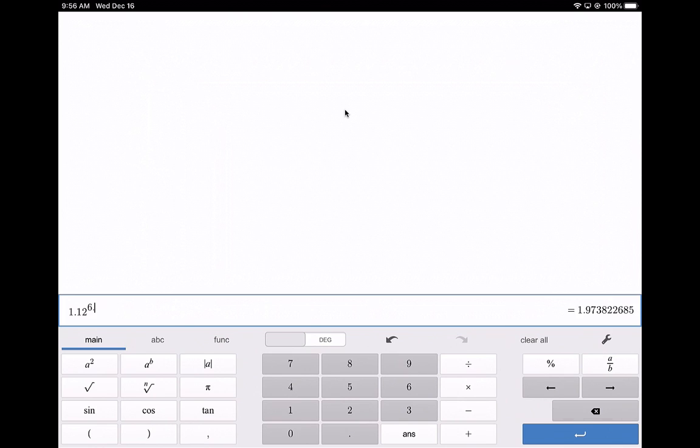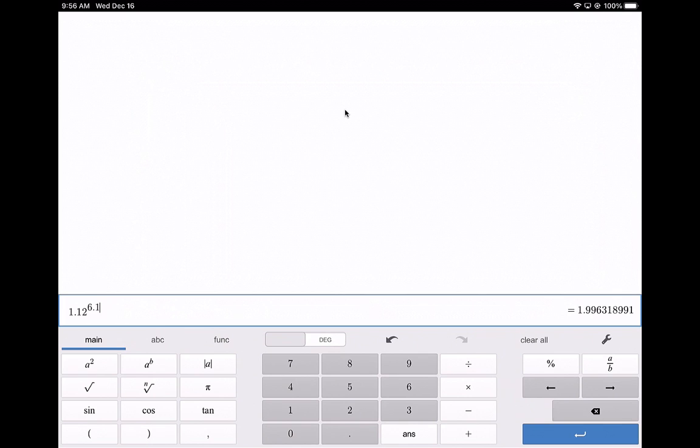And I want 0.002, so how about... So it's 6.1 something. I mean, this is pretty close. I'll just say 6.19 years. That's pretty close to that.